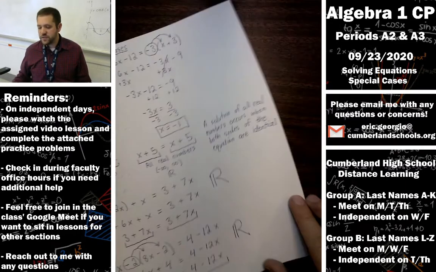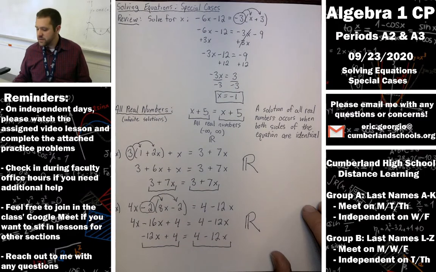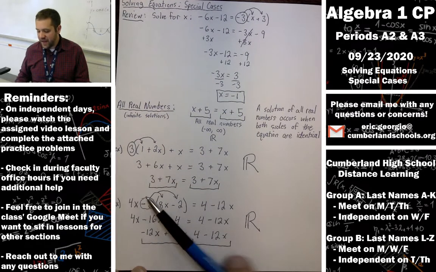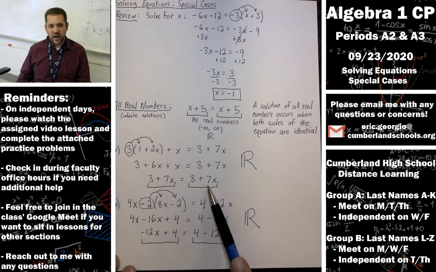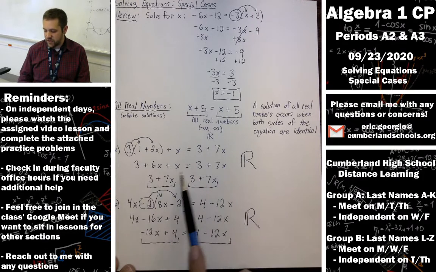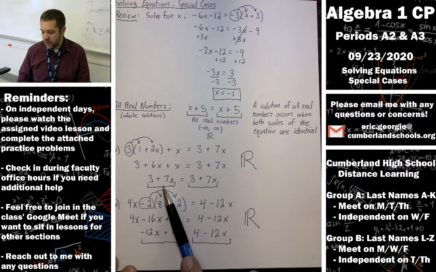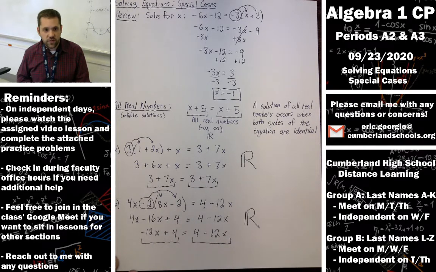One thing that's kind of interesting is back on the all real numbers solution, I did kind of leave it at the fact that it occurs when both sides of the equation are identical, which is certainly true. But think of if you subtracted 7x from this side to try to get all the variables on the same side, you would subtract 7x from this as well, and you'd be left with 3 equals 3, which is always true.